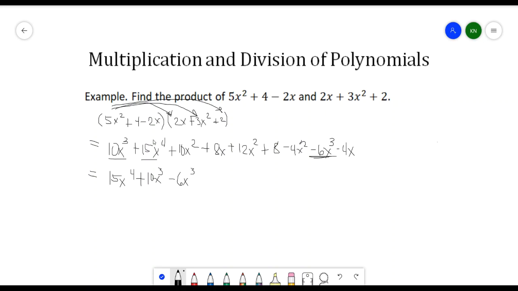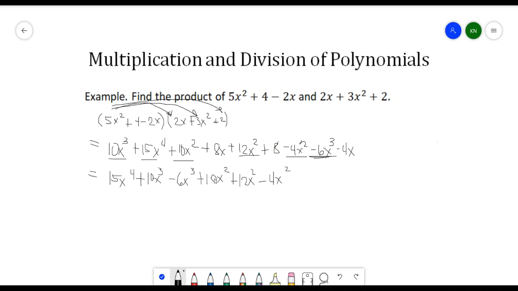Then there's no other cube in this answer, so we'll proceed with the lower exponent. So we have the positive 10x squared. Then this one, so we have plus 12x squared. And this one as well, so we have minus 4x squared.